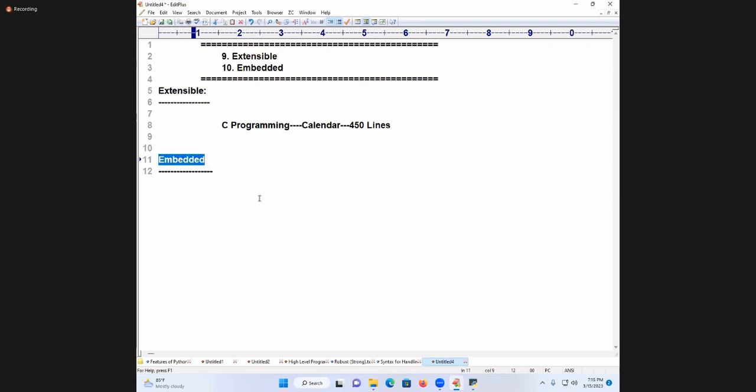Embedded. What is meant by embedded? Python can use other language code wherever it is required. That is called embedded. Python can give its services to other languages wherever they require. This is called a give-and-take kind of policy, called embedded and extensible. Am I clear or not?